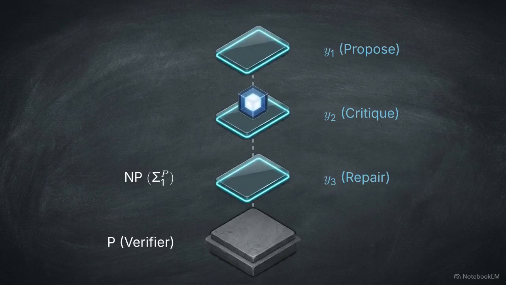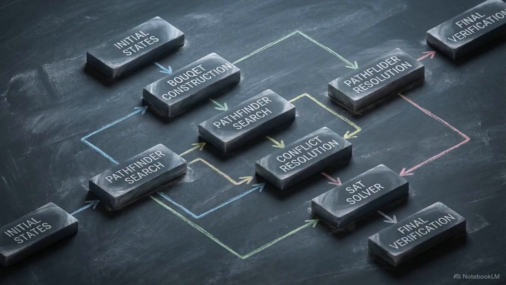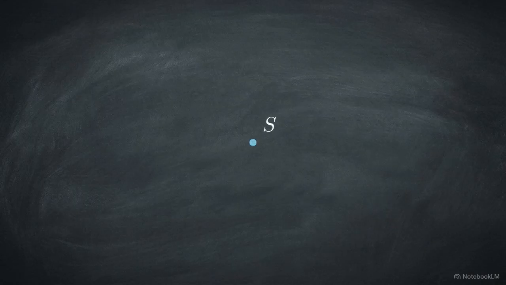Each level adds a bounded interaction stage before the final efficient check. This maps to common AI workflows. A system proposes code at Y1, receives a critique at Y2, and produces a repaired program at Y3. By recording how these richer interaction patterns become internal to verification, the polynomial hierarchy provides a structural model for multi-stage reasoning scaffolds. To measure progress, we bundle these into a deployed stage.